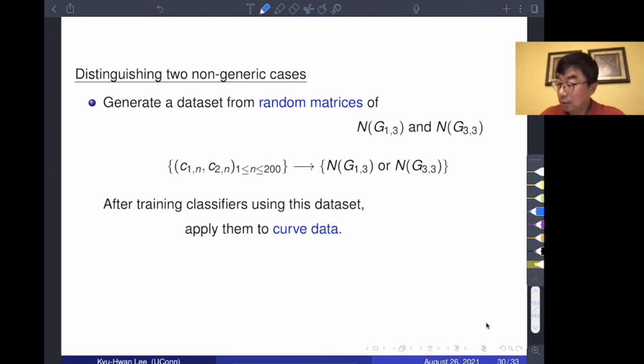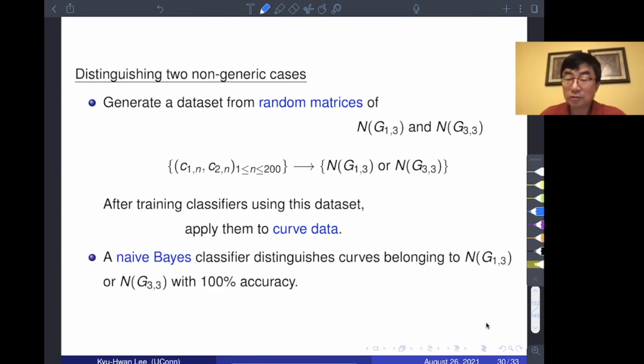Okay, and then after training classifiers using this data set, we apply the classifier to the curve data available at LMFDB. And the result was that we got 100% accuracy.